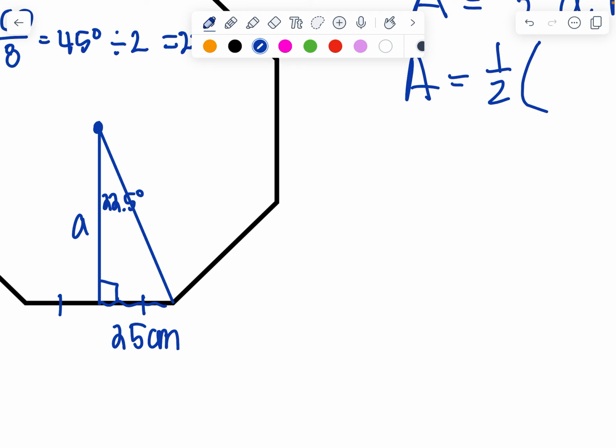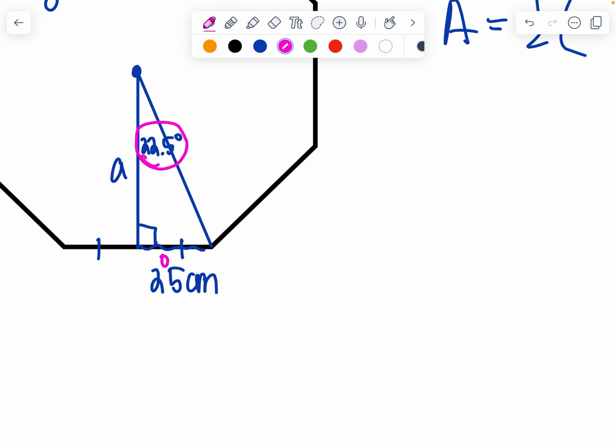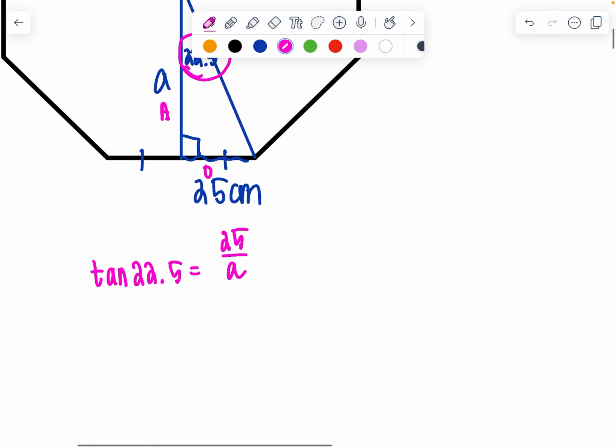All right, it's not a special right triangle, so I do have to use SOHCAHTOA to get the apothem. I have opposite and adjacent. So we have tangent of 22.5 is equal to opposite, which is 25, over adjacent, which is A. And then we are going to cross multiply to solve for A. So we have, I'll put this over 1, A times tangent of 22.5 is equal to 25.